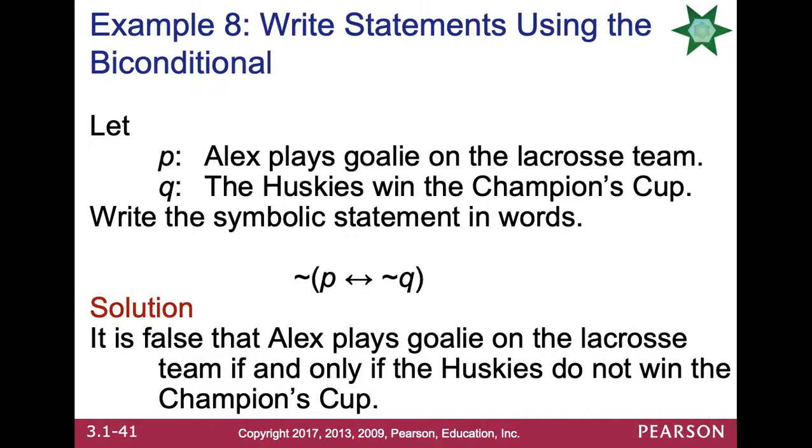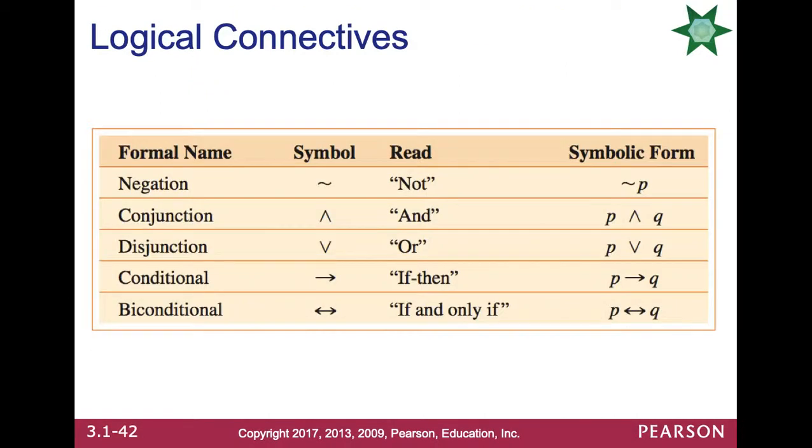So we can write this in a statement in this fashion. So it is false that Alex plays goalie on the lacrosse team if and only if the Huskies do not win the Champions Cup.